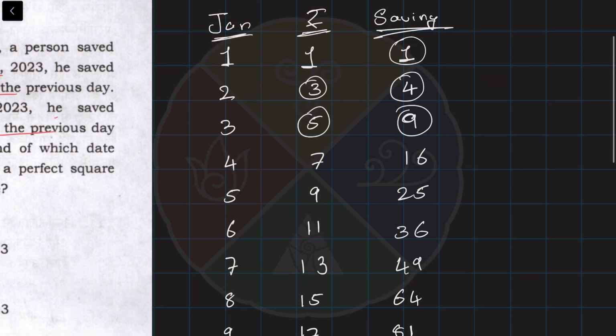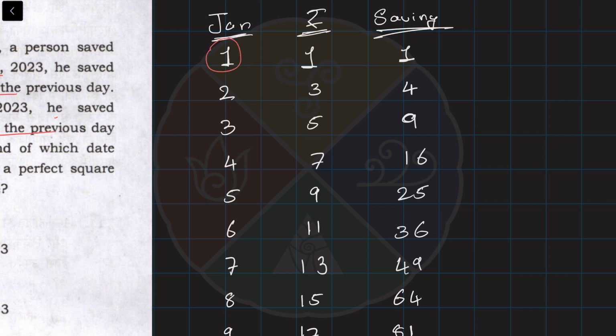Now, if you look at this, you can also notice one pattern. What we found is the sum of n terms. Sum of first term is this. Sum of first 2 terms, 1 plus 3, is this. Sum of first 3 terms, 1 plus 3 plus 5, is this. Sum of first 4 terms is this. The pattern you can see is that on the first day, January 1st, the value is 1 square.